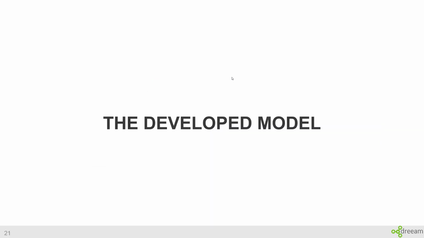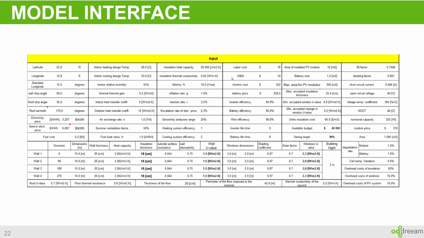To answer these two research questions, we have developed a computer model. The model has an input window. In this window, we have different parameters to be inserted, such as location, and a lot of input. They are very easy to find.